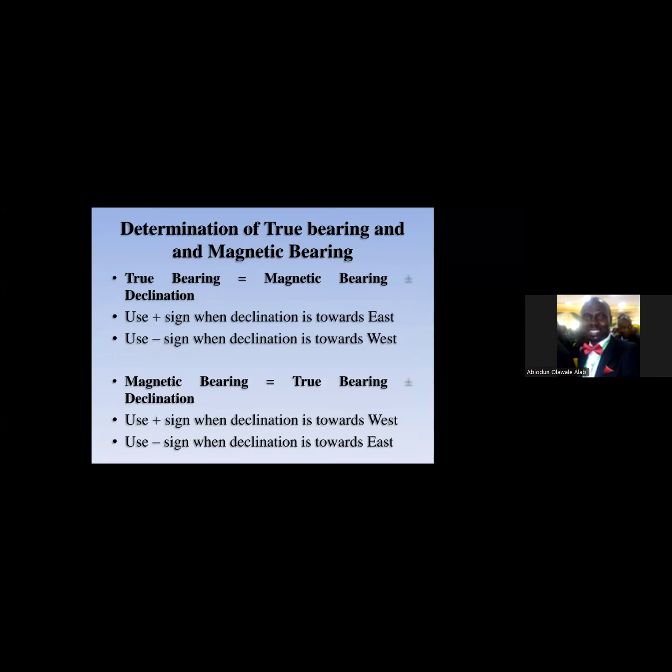The same concept here, but when you are computing for magnetic bearing, you use plus sign when the declination is towards west and negative sign when the declination is towards the east. So take notes of that.